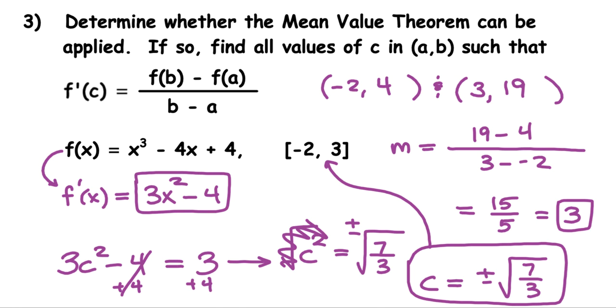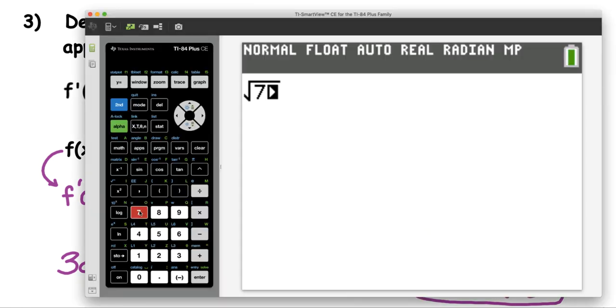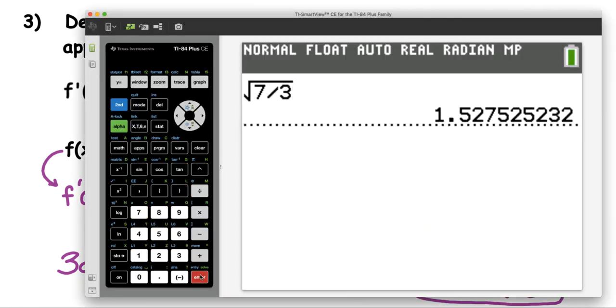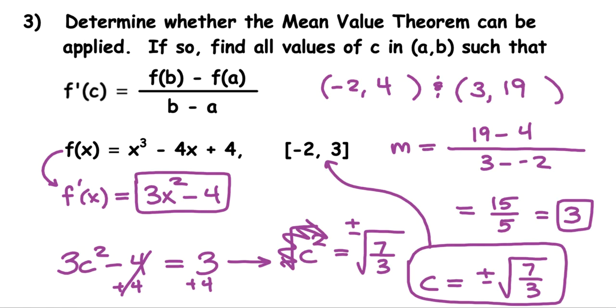The positive answer is good for sure. Negative square root of 7/3. Yeah, they're both good. 1.5 and -1.5 are both going to be keepers. So we actually have 2 answers here instead of just 1. All right, that's number 3. Moving on.